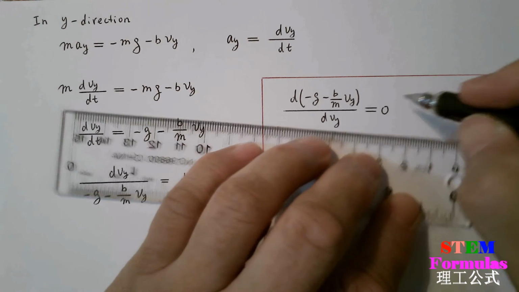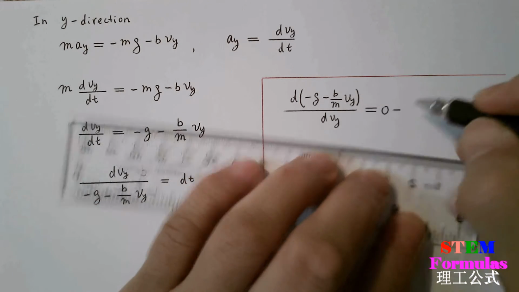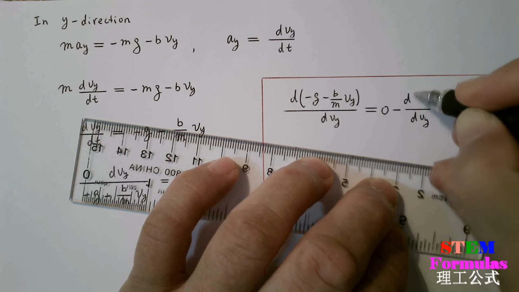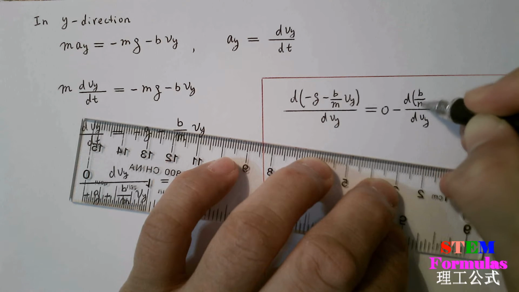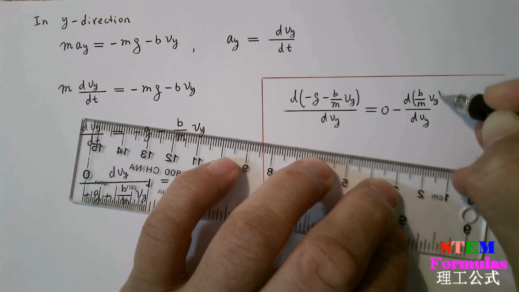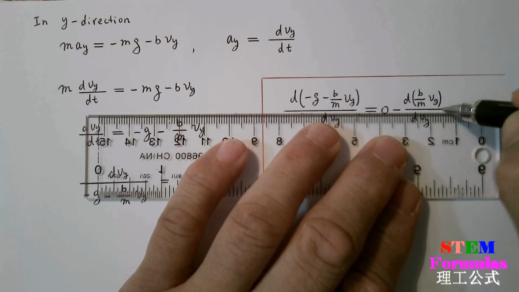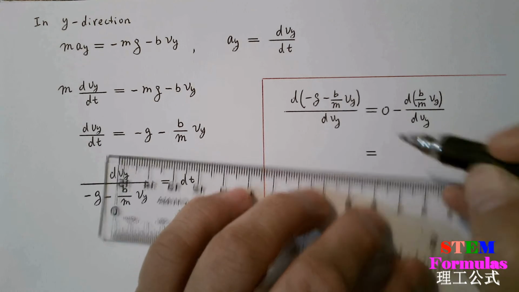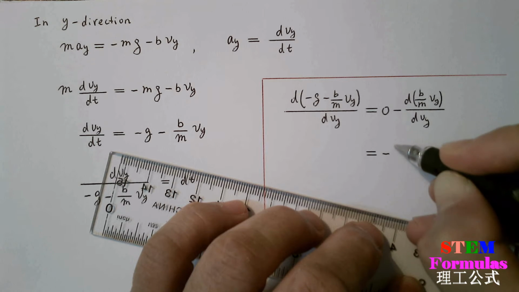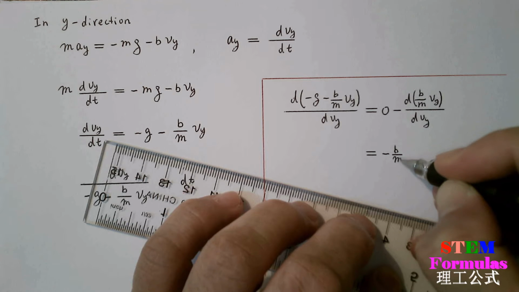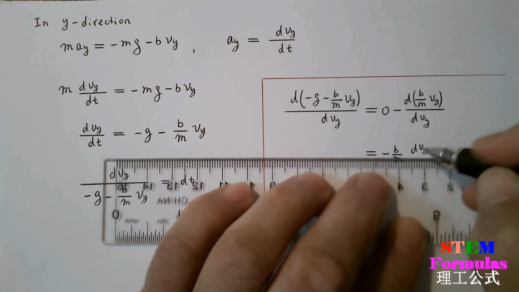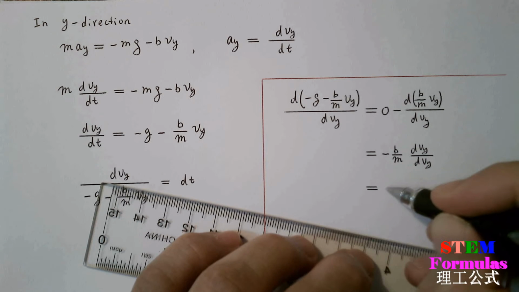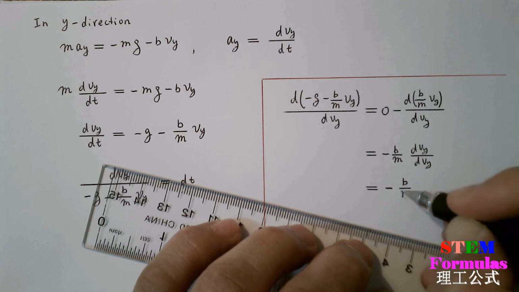The second term equals minus b divided by m times dvy over dvy, which equals minus b divided by m.